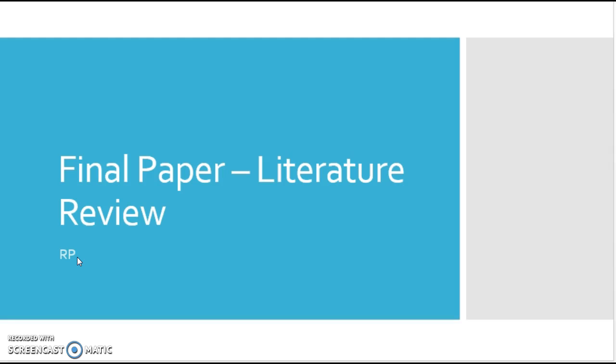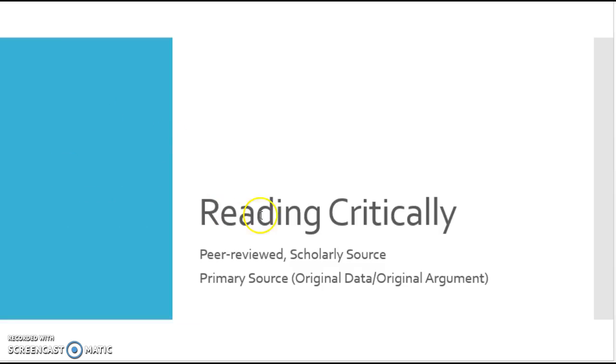You already did the reference source paper that was part of the research paper. You've also completed the reading critically paper assignment. For some of you, you correctly used a peer-reviewed scholarly source that you would like to use in your final paper.